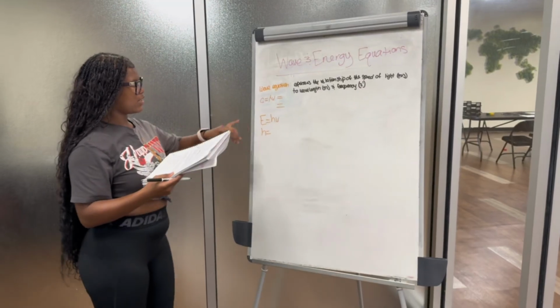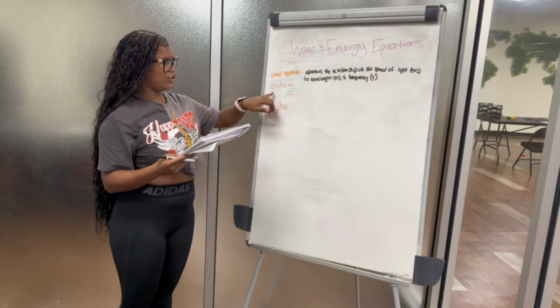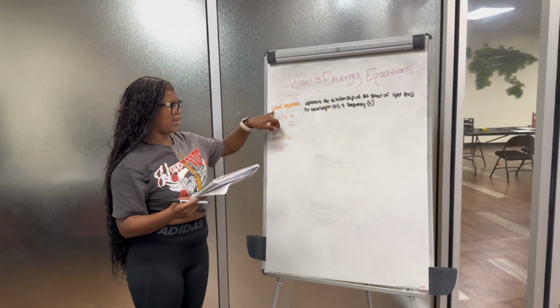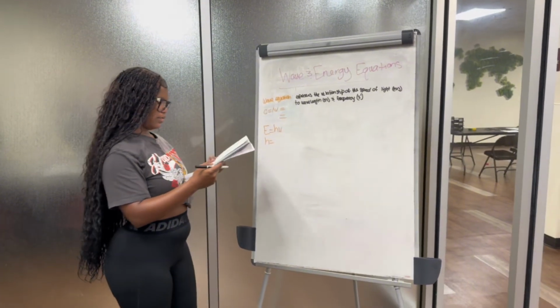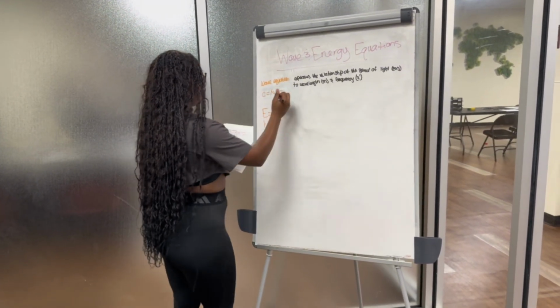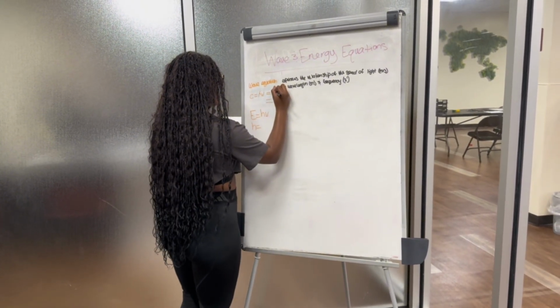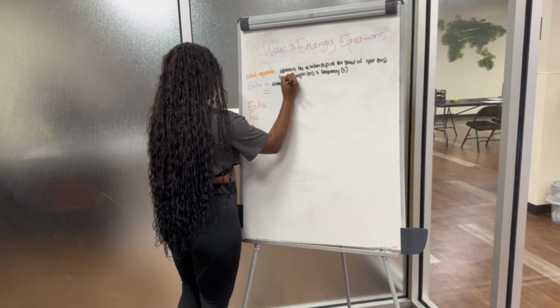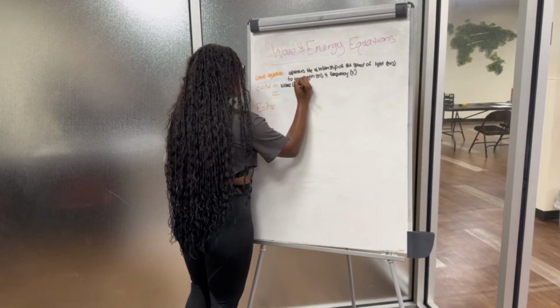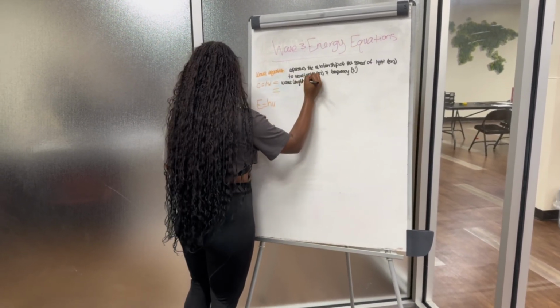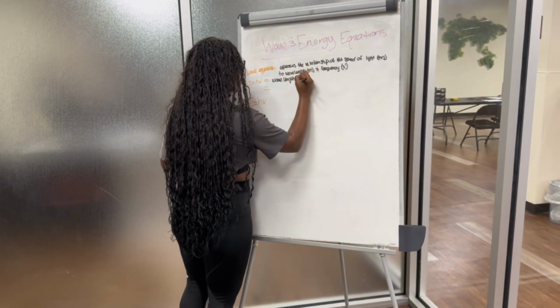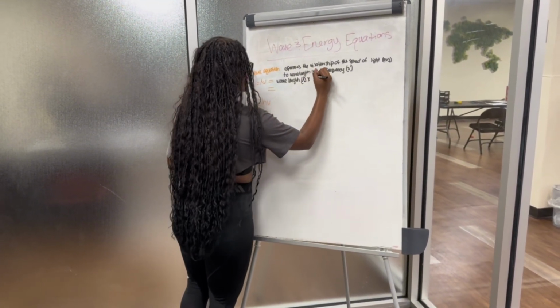So this is a short way of expressing the wave equation. We can write it out as the speed of light equals wavelength times frequency.